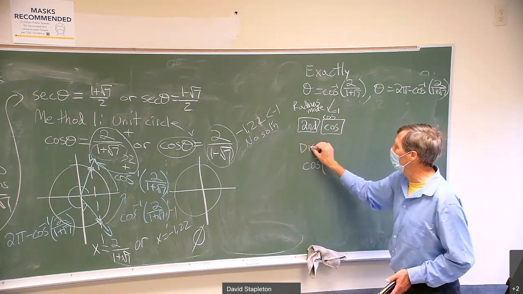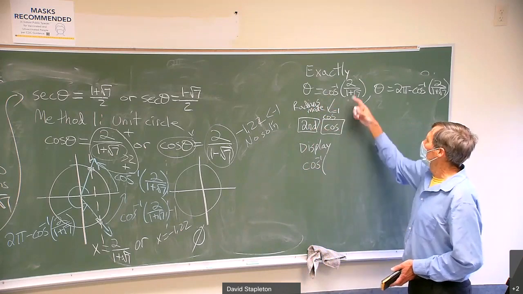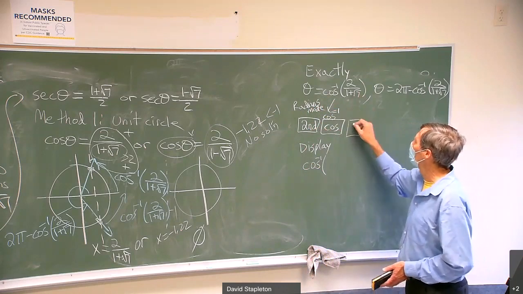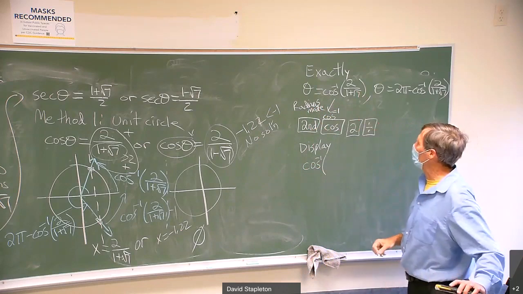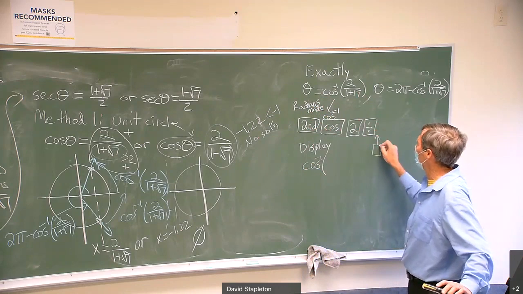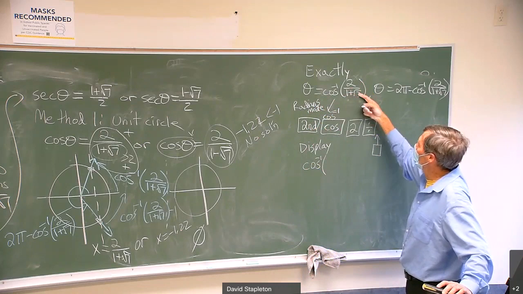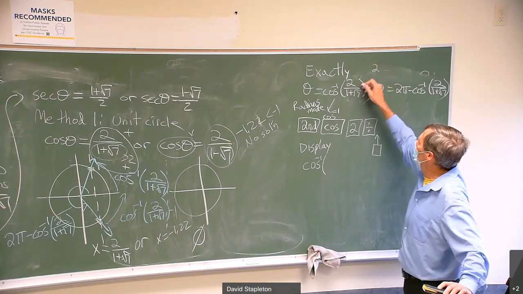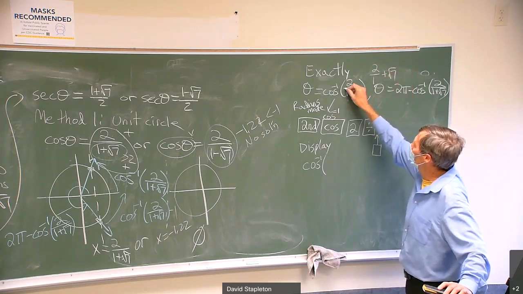So this is the display. These are the keys up here. Now I want 2 divided by, some of your calculators will put a long bar, but if you have an old clunker like mine, you'll need to put in a parenthesis here because it will do divisions before additions, right? If you put 2 divided by 1 plus square root 7, it will do it this way, unless you put parentheses here.